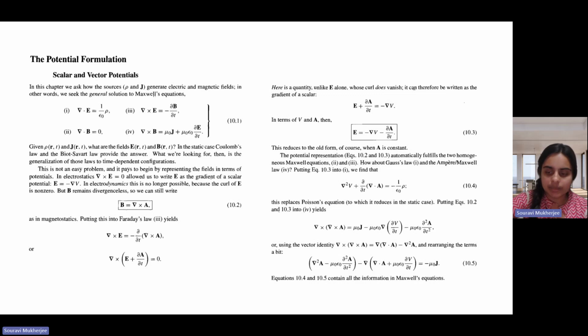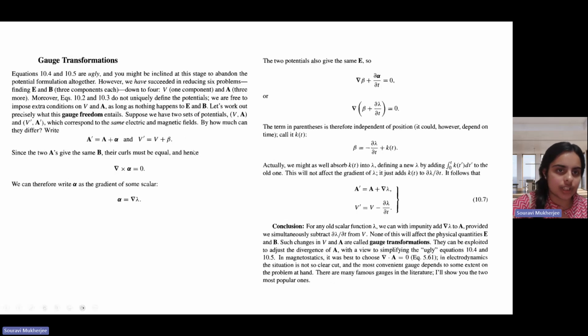The absolute value of the potential is not very important. Similarly, the absolute expression for A is not important. What's important is the magnetic field or the field intensity that you get. So as long as you have the same electric field and the same magnetic field, you can make changes to your potentials in order to simplify your calculations. That is what the gauge transformation is.